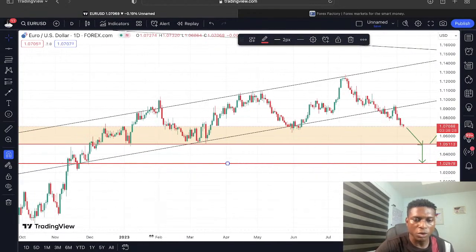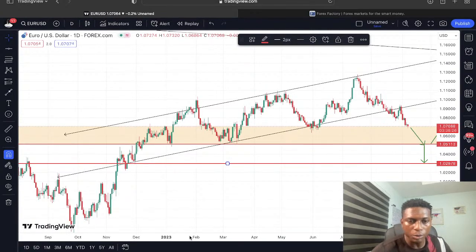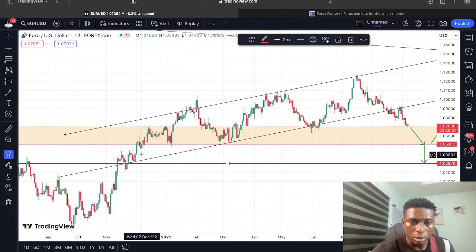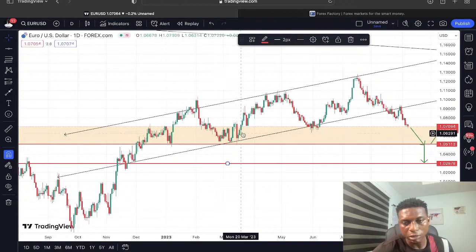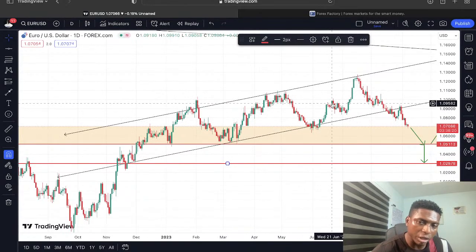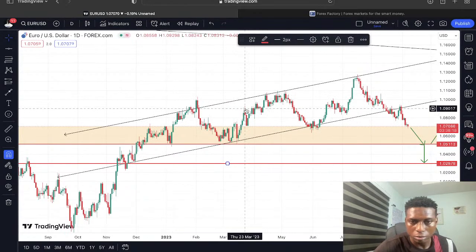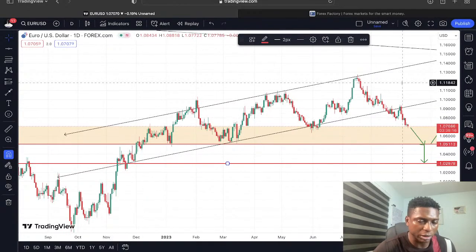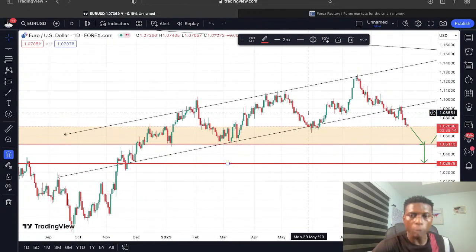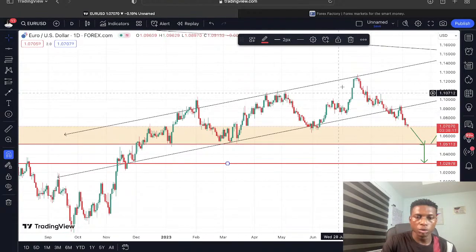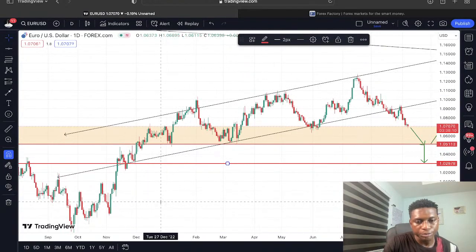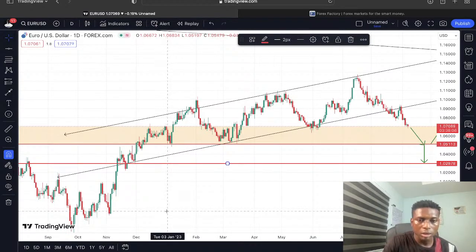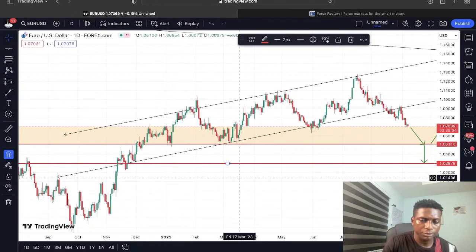So from here, of course, since the beginning of the year, we can see that the market has been creating some uptrend and downtrend. All right, the market has been moving uptrend. The market structure, from January 2023, has been uptrend.